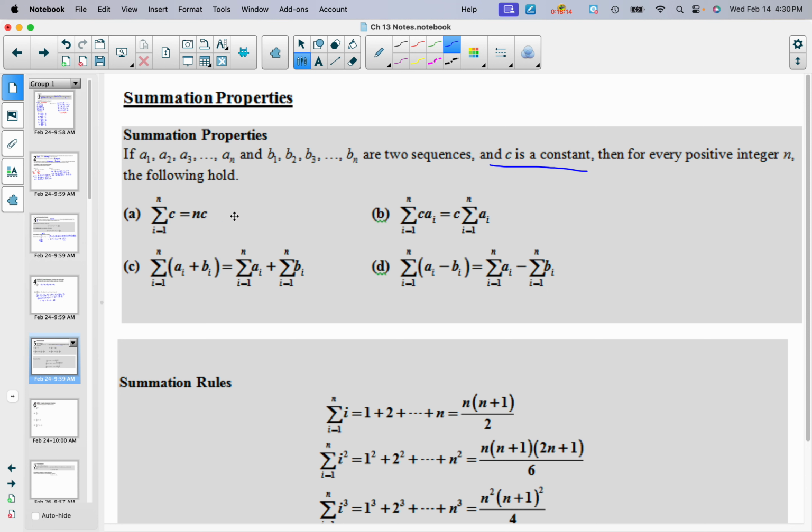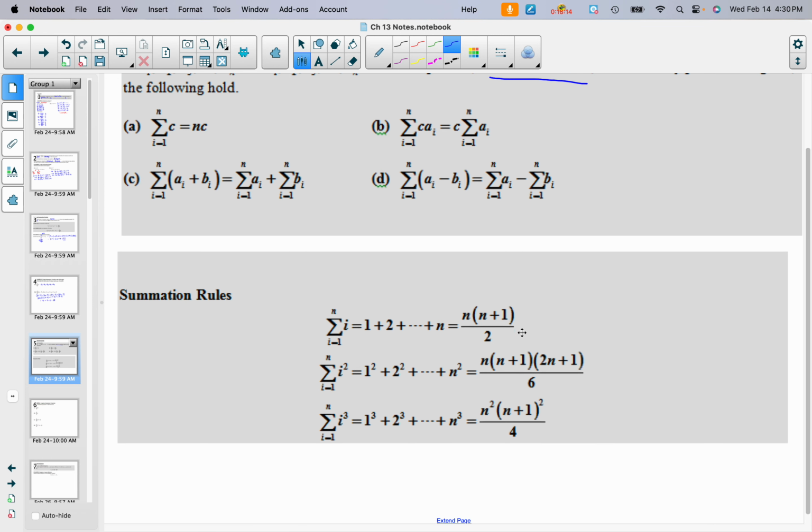I'm not going to address every single one of these. On part B, if you have a constant times a sequence, you can pull the constant out in front of that summation, in front of the series. Remember the summation means you're going to add them all up. If you have the summation of 2 different series that have been added together, you can split them apart, whether it's adding or subtraction.